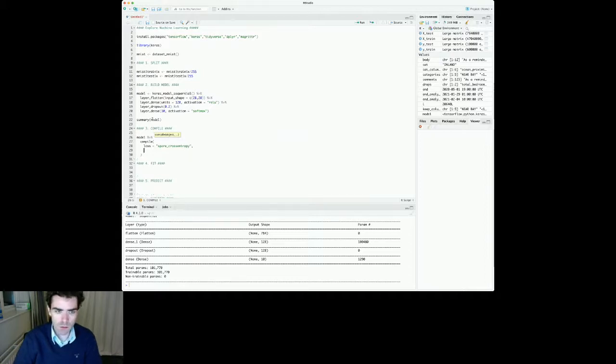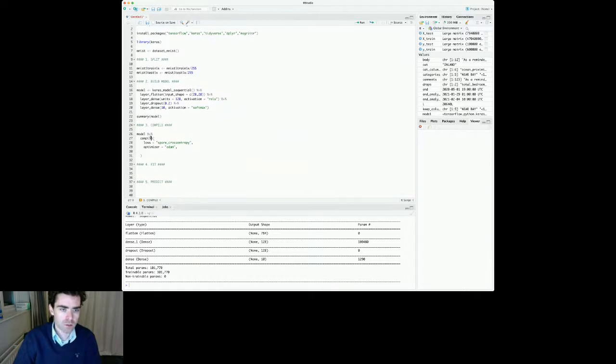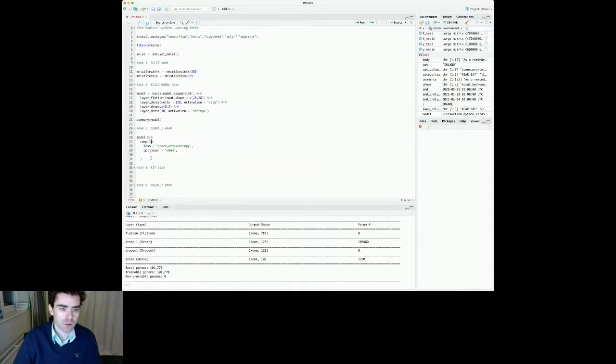Okay. Optimizer. This is how it iterates. We just do standard Adam, and then finally, hold on, apologies. Okay, I think what we want to do here is metrics.